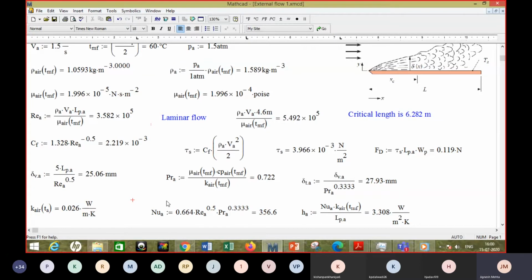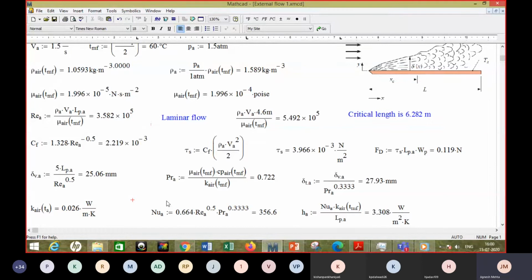So that will lead to convective heat transfer, because the air is flowing with some velocity, maybe due to a fan which is forcing the air to move over this plate. So it is a case of forced convection, external flow. When we talk about external flow, it is understood that we are talking about it as a part of forced convection.